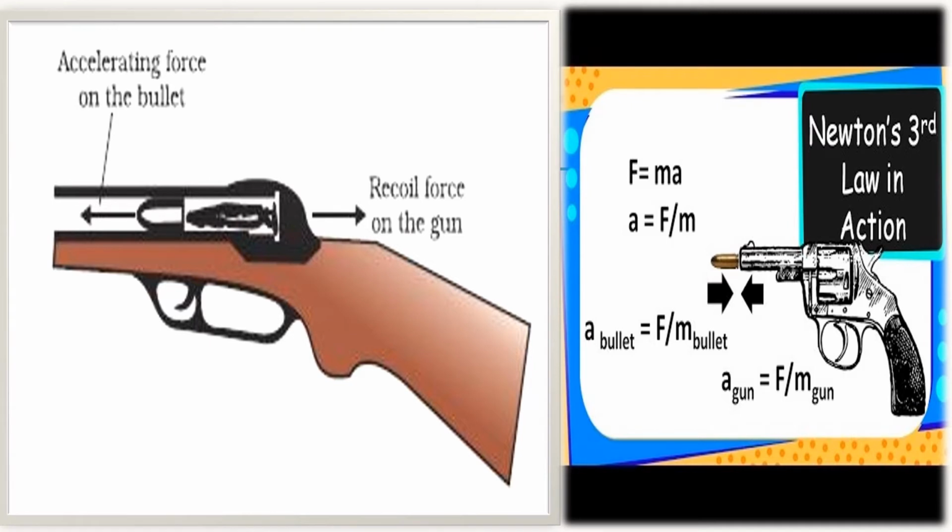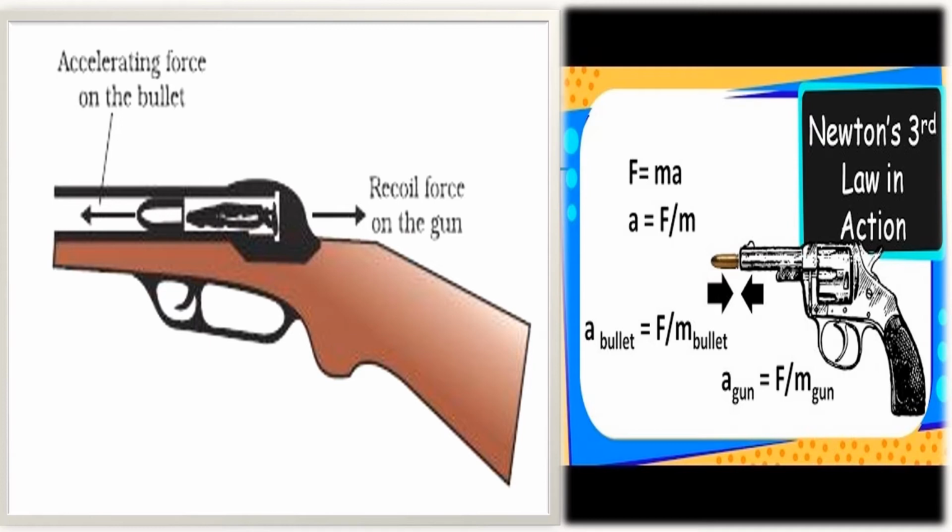So from this equation, acceleration is inversely proportional to the mass. It means that those whose mass is less have more acceleration, and those whose mass is more have less acceleration. As seen in the image, the mass of the bullet is very small compared to the mass of the gun.